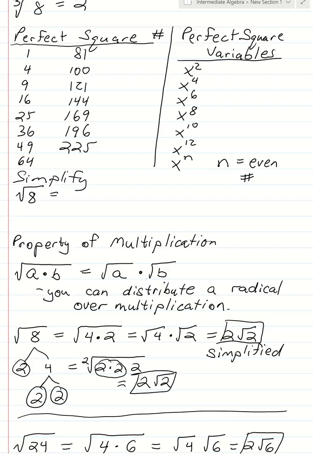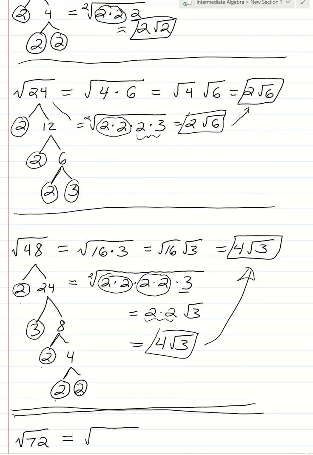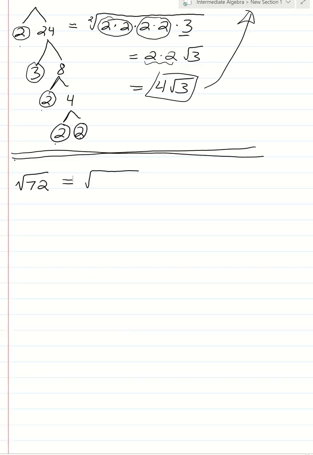And I know you might be thinking 9 times 8, because 9 times 8 does equal 72, and 9 is a perfect square. However, there is a larger perfect square that goes into 72, and that is the number 36. So let's go to that problem now. So the square root of 72 is equal to the square root of 36 times 2.